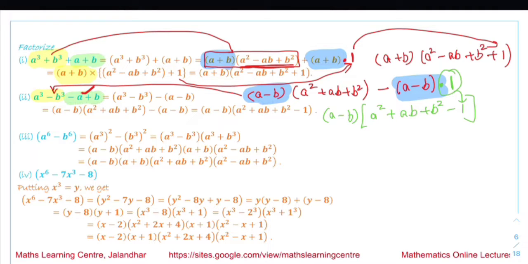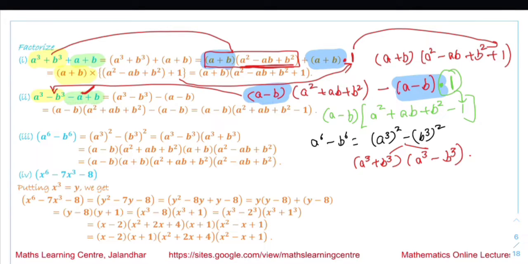Next question, similar question we have done in our previous slide. So it is a raised to the power 6 minus b raised to the power 6. You can write it like a cube square minus b cube square. So this will divide this term into two parts, a cube plus b cube, and a cube minus b cube.